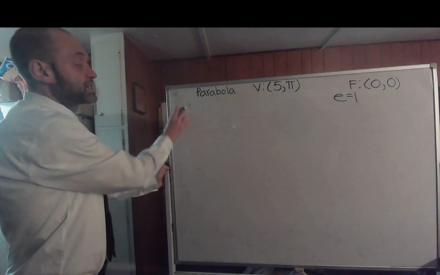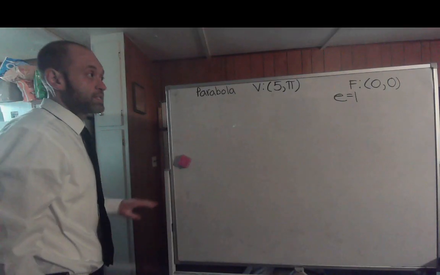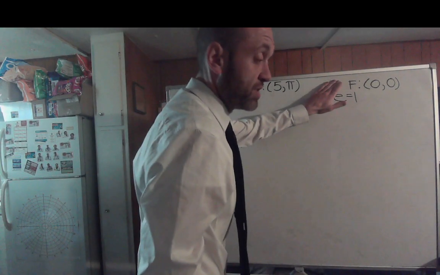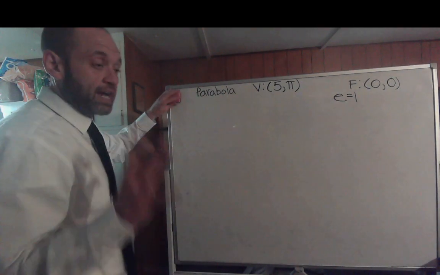So the vertex of this parabola is at the coordinate 5, pi in polar coordinates. The focus is still at 0, 0. Well, eccentricity is always 1 for a parabola, so we got that going for us.